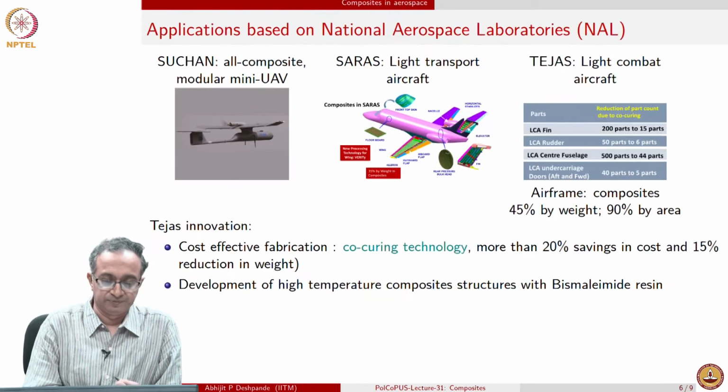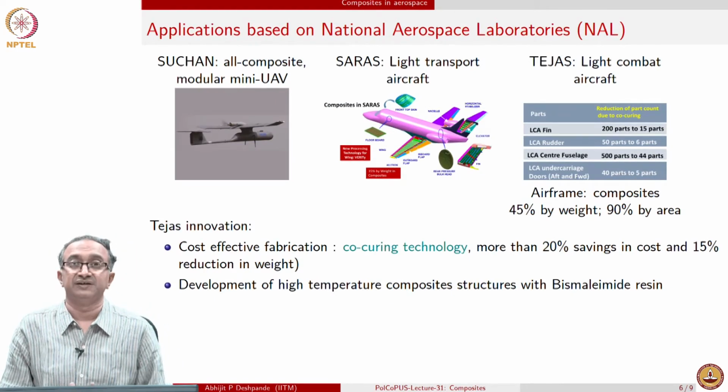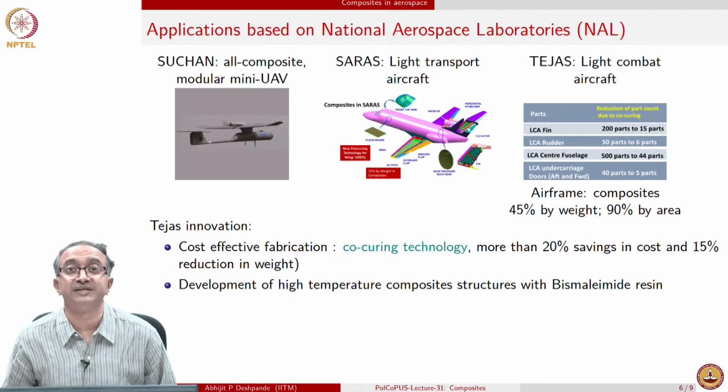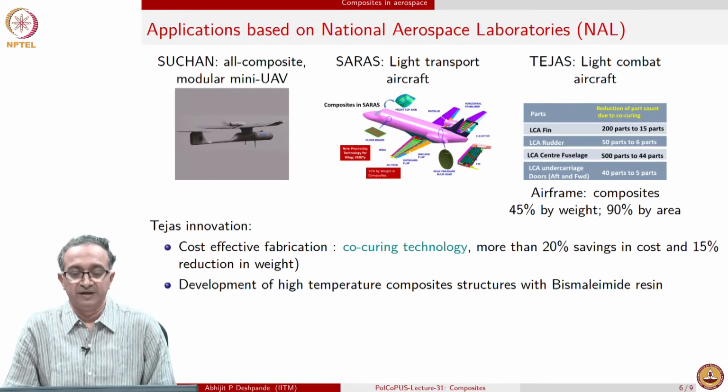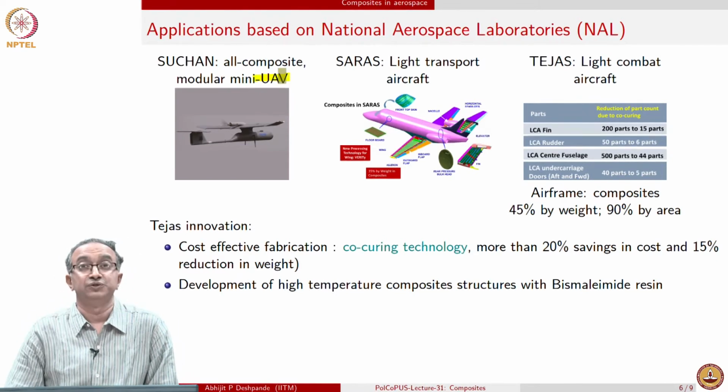These are used. And to give some examples from aerospace, I have just taken a few examples from National Aerospace Labs in Bangalore, and we have a UAV, which is all composites.